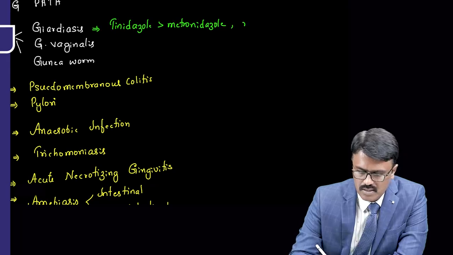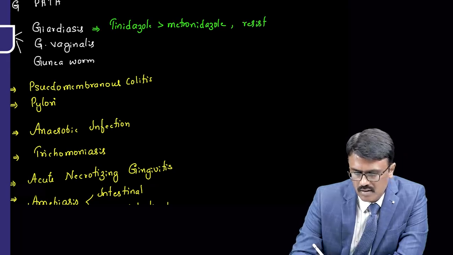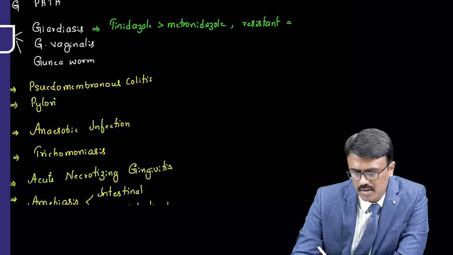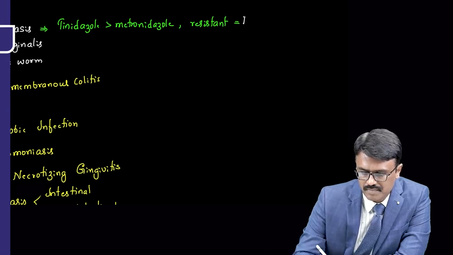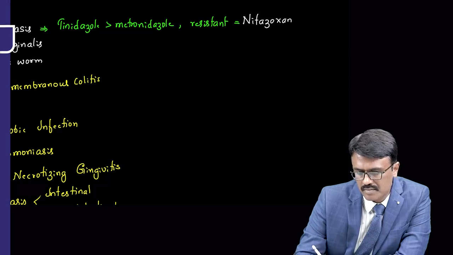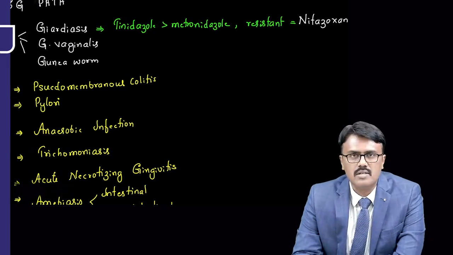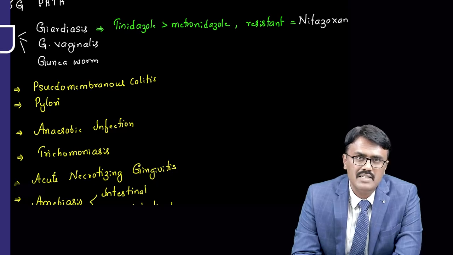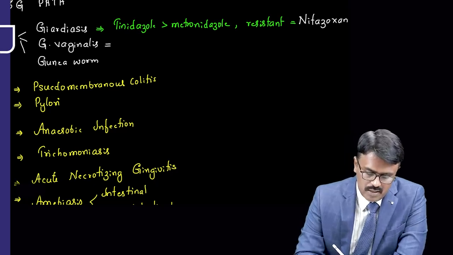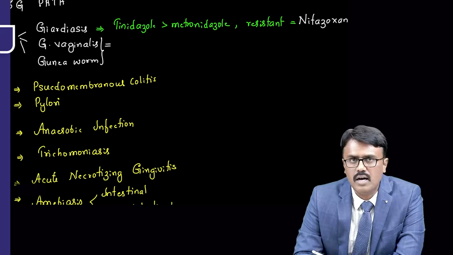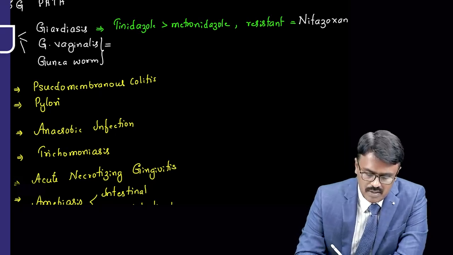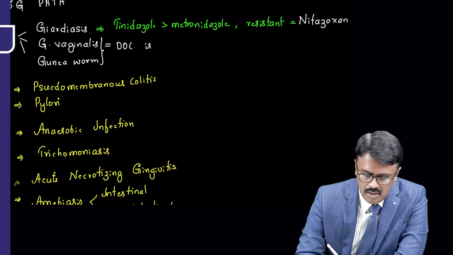Suppose it is resistant to both, then the drug of choice will be nitazoxanide. Now, Gardnerella vaginalis causes bacterial vaginosis, and you will see clue cells. What is the drug of choice for that? For Gardnerella vaginalis and Guinea worm, the drug of choice is metronidazole.